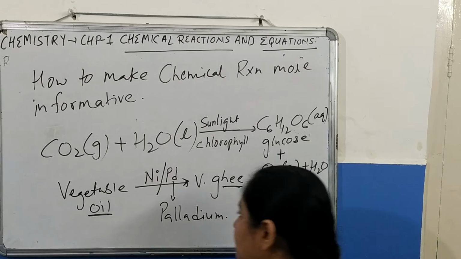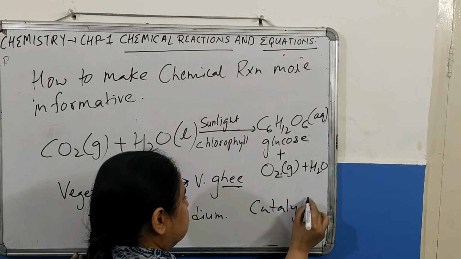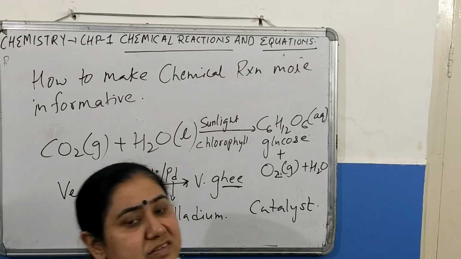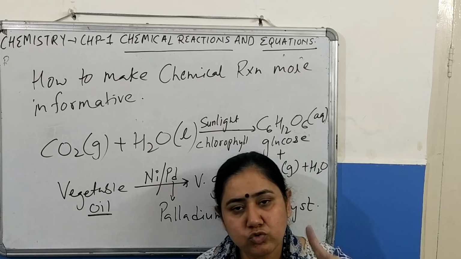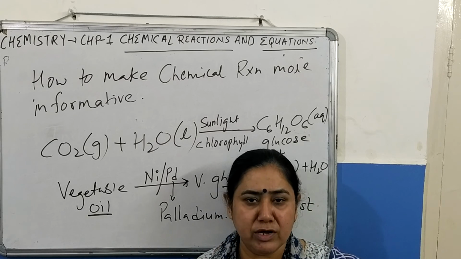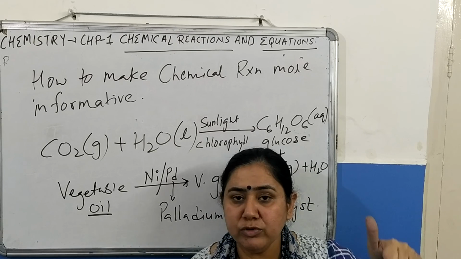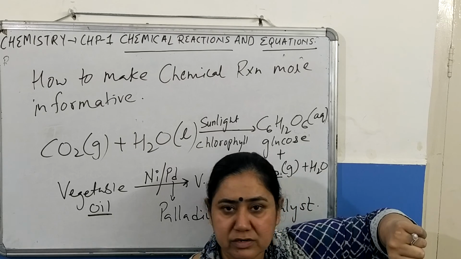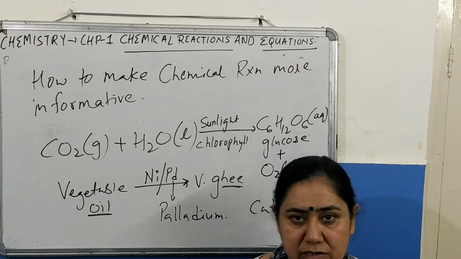And what is a catalyst? It is a substance which enhances the rate of the reaction, right? In class 11 you are going to learn that there are two types of catalyst. One is positive and one is negative. The one which is going to increase the rate is a positive catalyst. The one which is going to decrease the rate, wherever it is necessary, is called a negative catalyst, right?